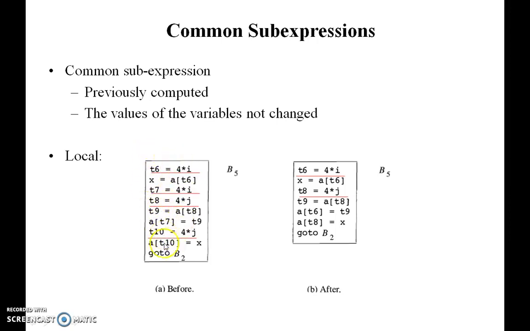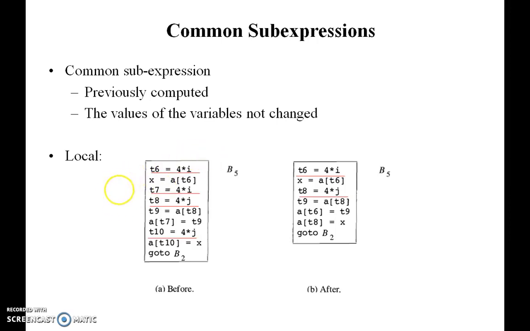This is called redundancy of data because the same computational value has been stored in two different temporary variables. So these kinds of common expressions will be eliminated during code optimization inside the compiler.